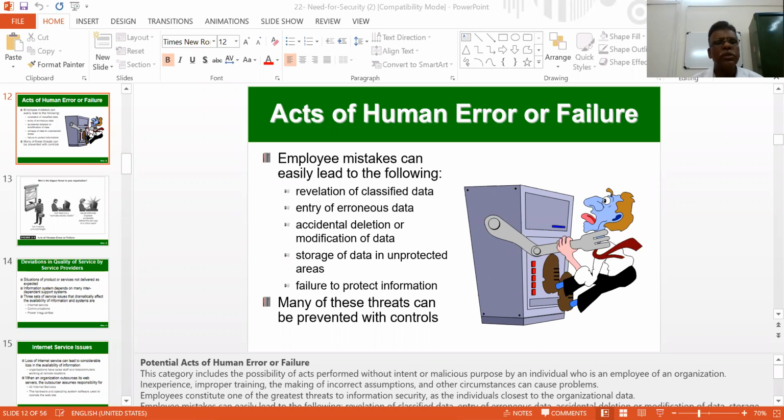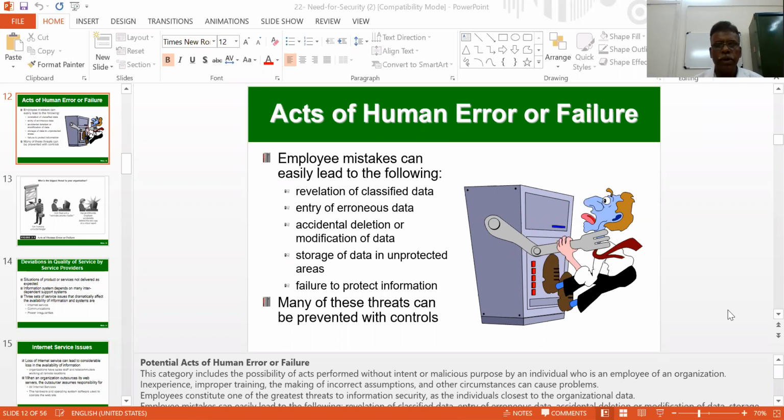How can we find those errors, especially potential acts of any manpower having their own connectivity or disconnectivity? We can call them errors or failures, especially the possibility of actions performed not intentionally, but by the individual.